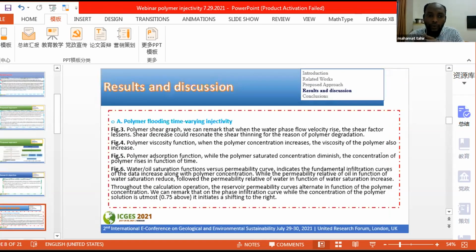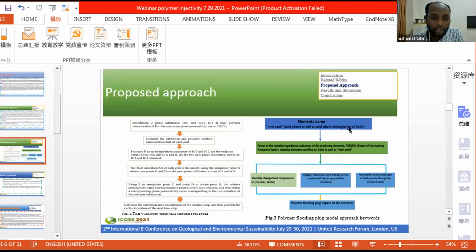Here is case one, which is the approach of polymer flooding through time-varying injectivity, as you could see in the first figure. Sorry. I would be presenting here the workflow.